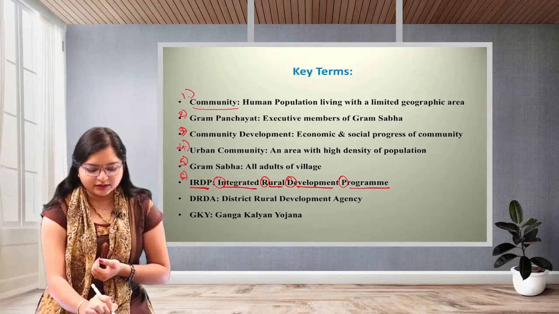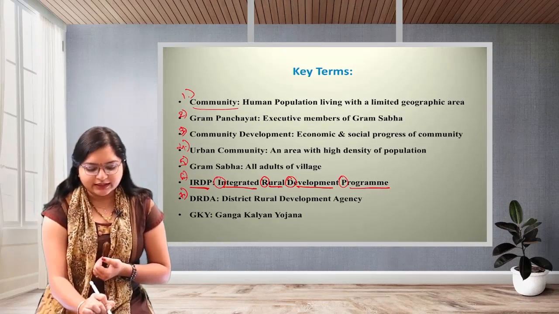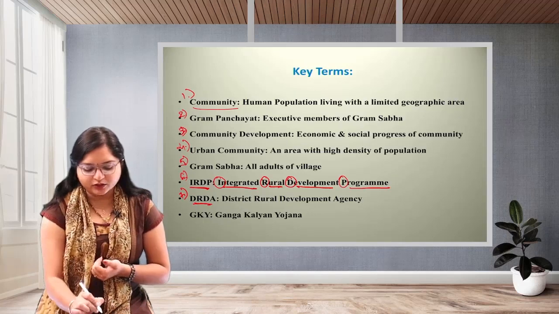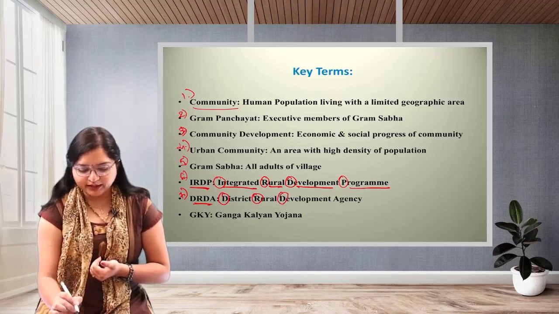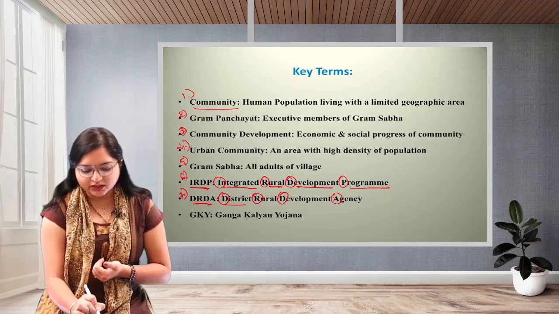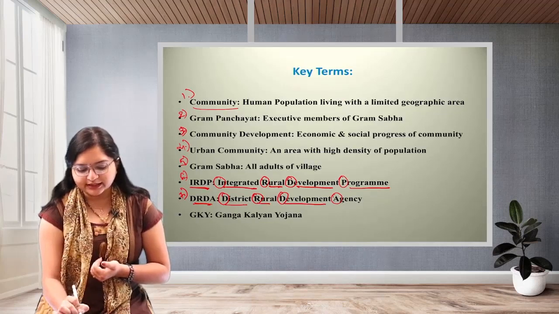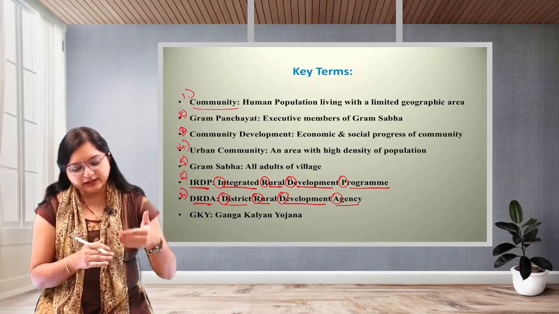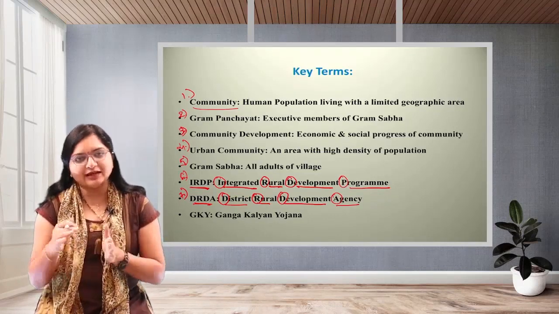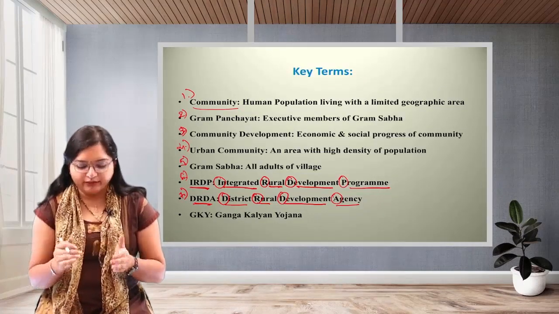The next one is DRDA. Here D stands for district, R stands for rural, again D stands for development, and the last A for agency. So it is District Rural Development Agency. IRDP is Integrated Rural Development Program and DRDA is District Rural Development Agency.